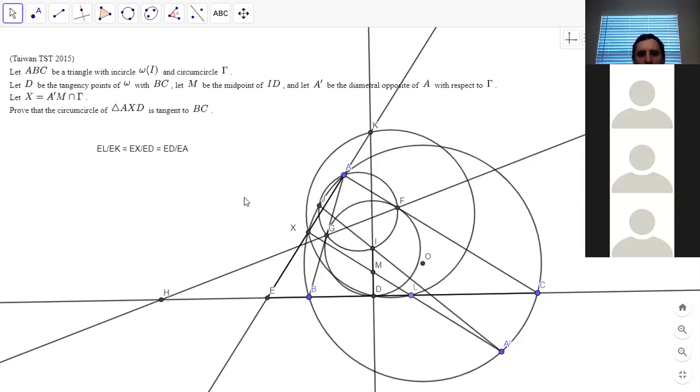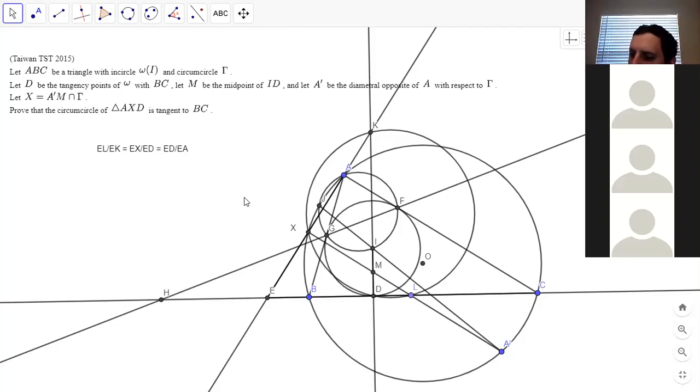Okay, so we want to show E is the midpoint of HD. I think that's a good strategy. Just have to find the right thing to project through, I think. Or we want to show AD is parallel to KL.